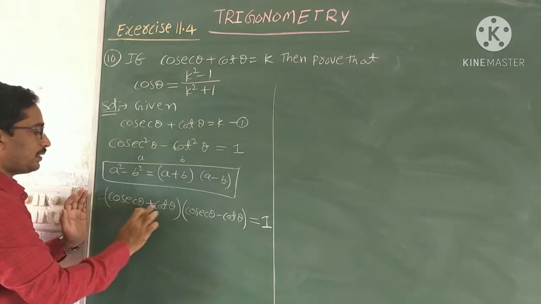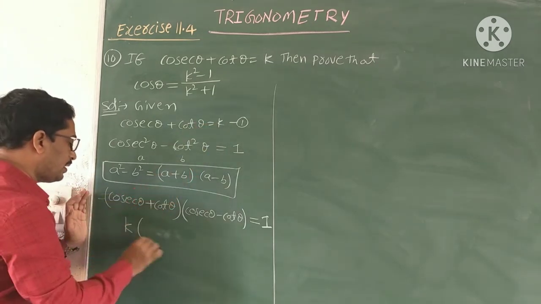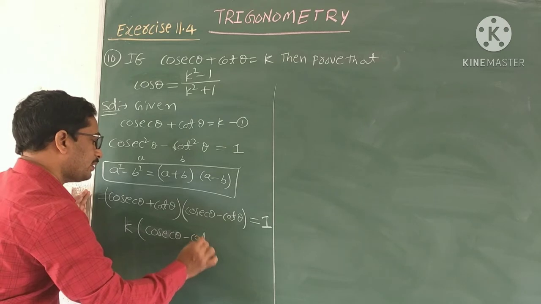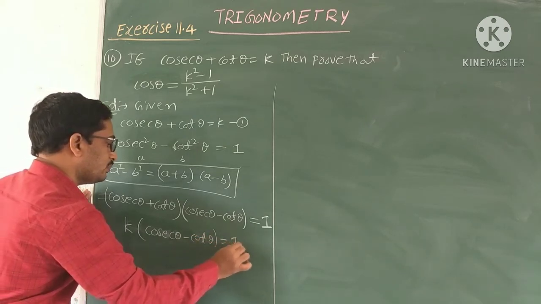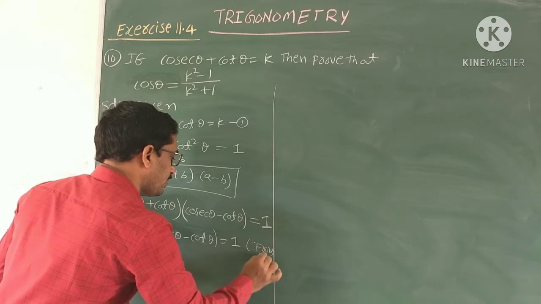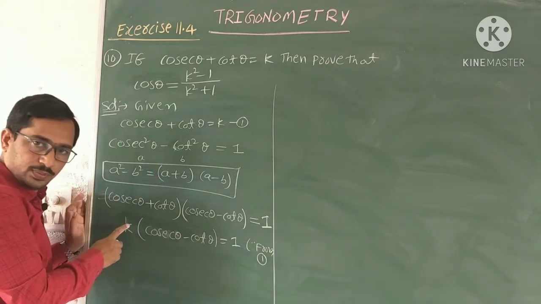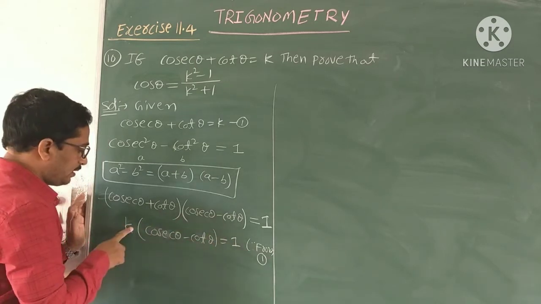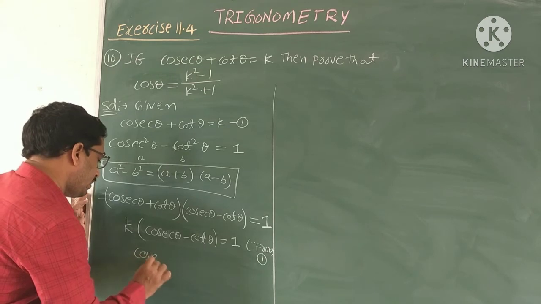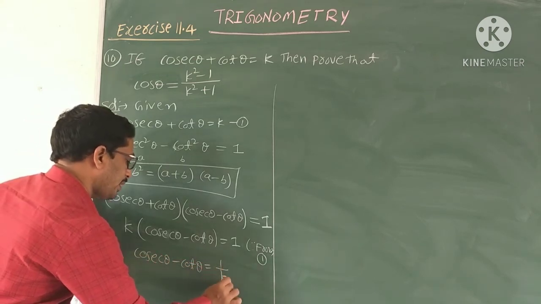So replace it: k into cosec theta minus cot theta equals 1. Transpose k to the right side; it is multiplication, so on the right side it is division. So cosec theta minus cot theta equals 1 by k.